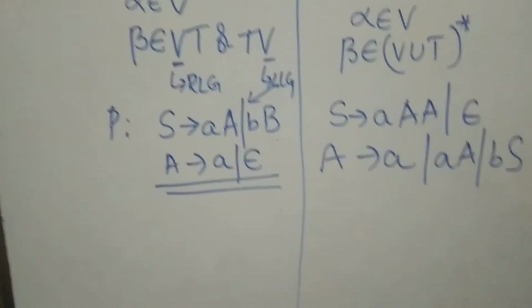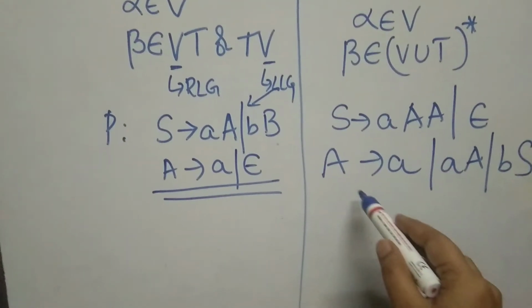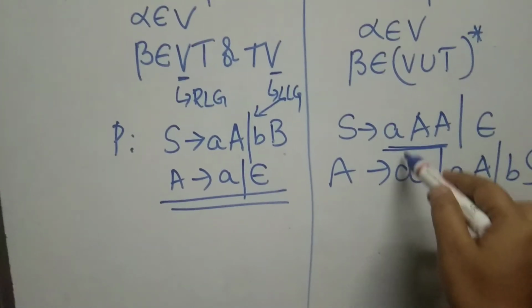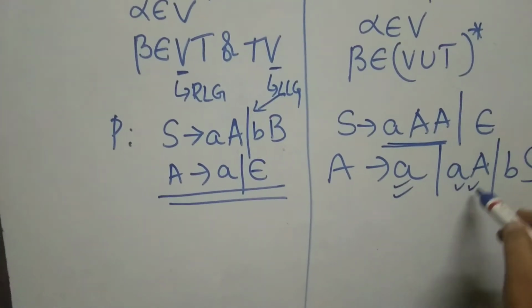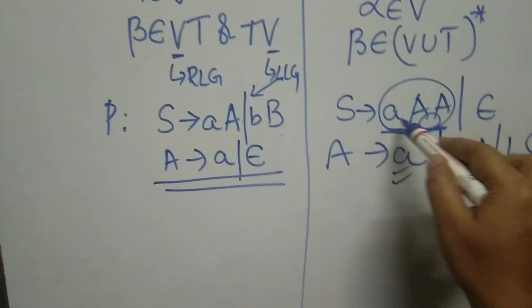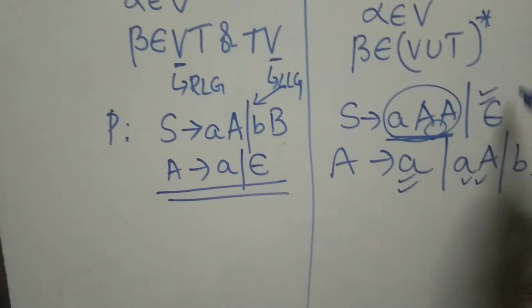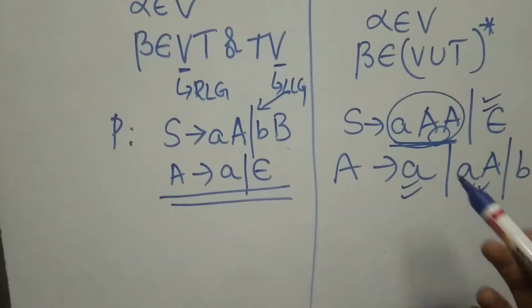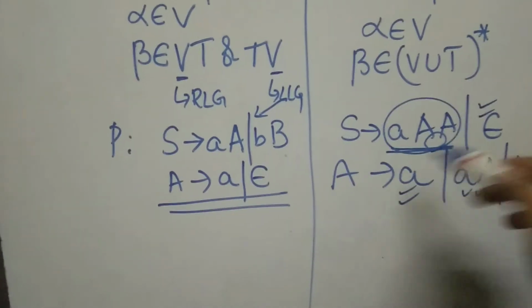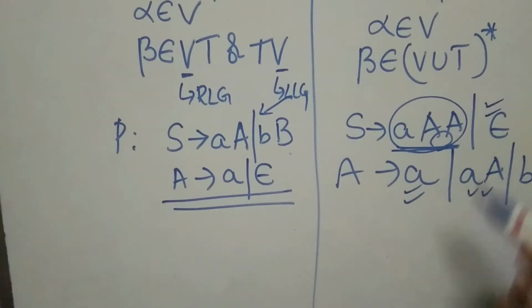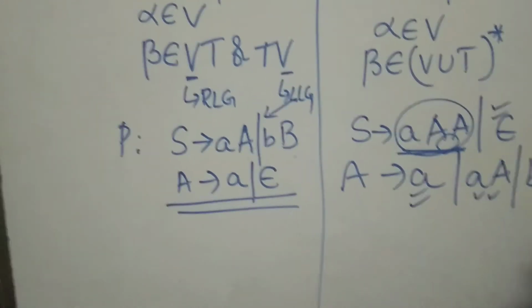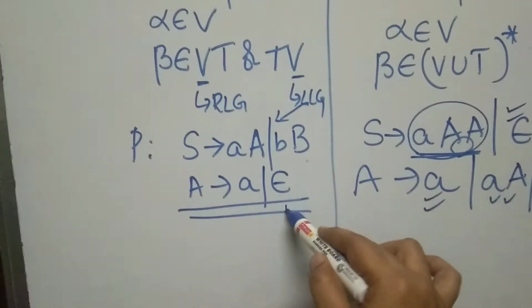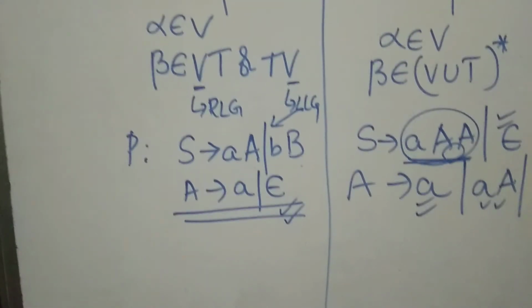The production rule contains only terminals, or a combination of terminals and variables, or repetitions of terminals with a variable, and epsilon may be in the starting production or in any other production. In however many productions there are, epsilon may be present in all of them. But in regular grammars the final state may have only an epsilon production.